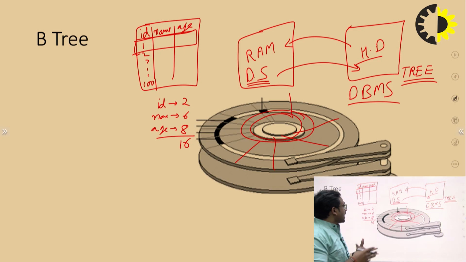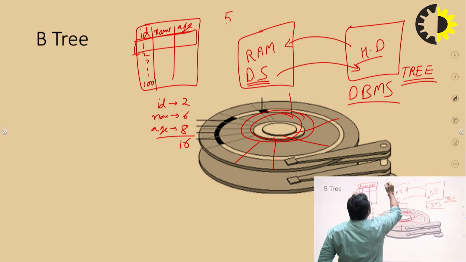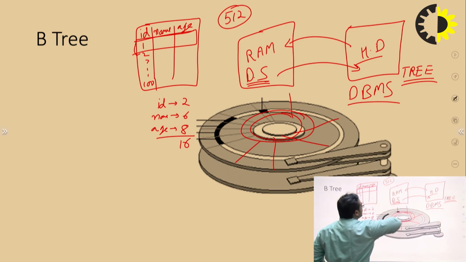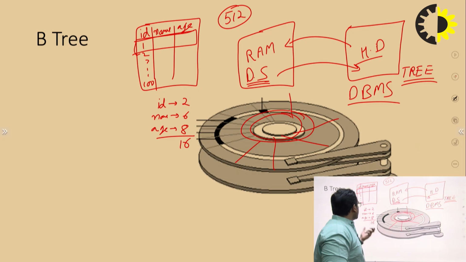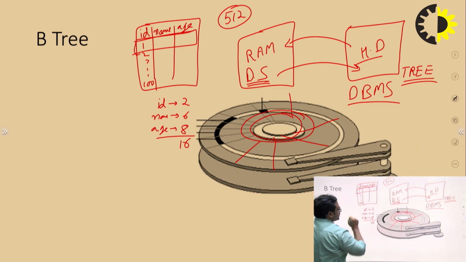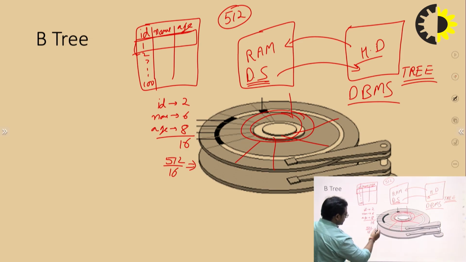Understood my point? And initially you must remember that the block size is 512. So in a single block, how many rows can be stored? One row is taking 16 bits and the block size is 512. So 512 divided by 16 is 32.